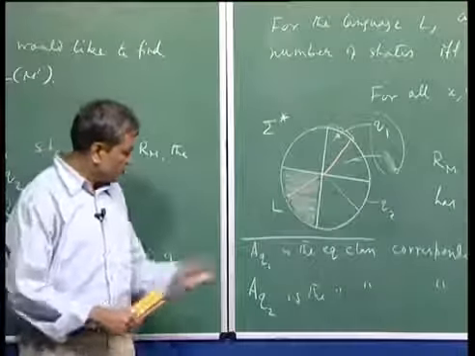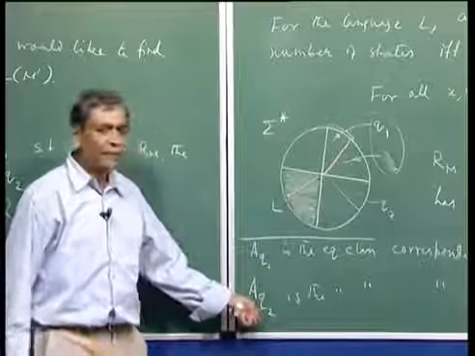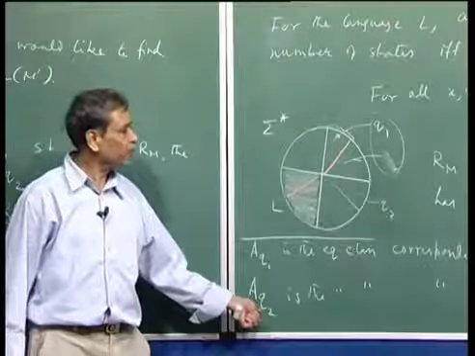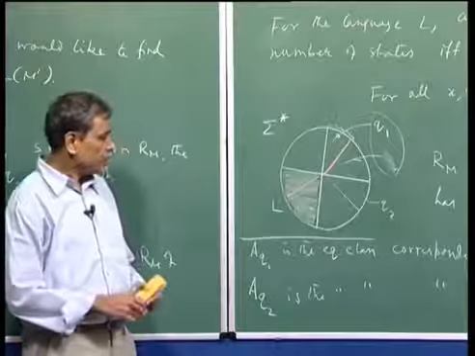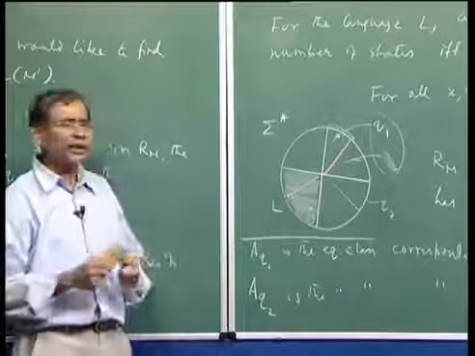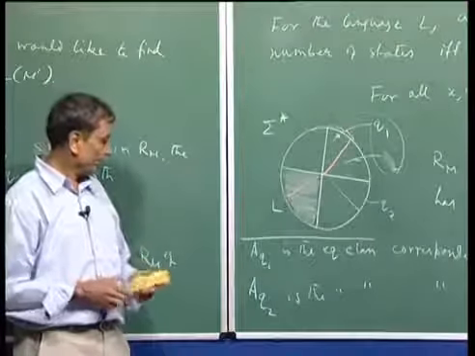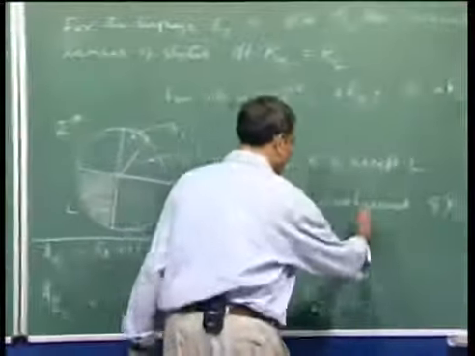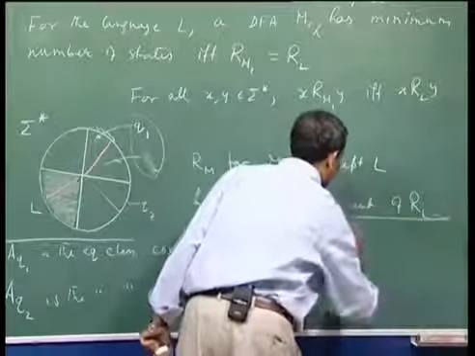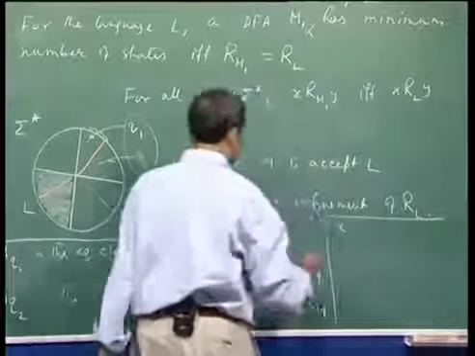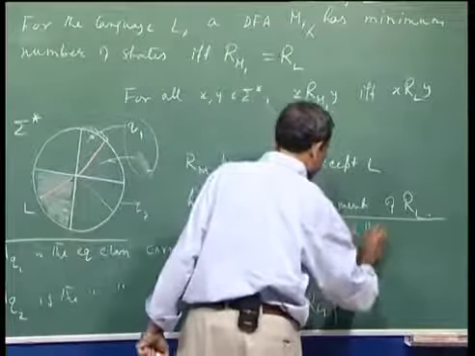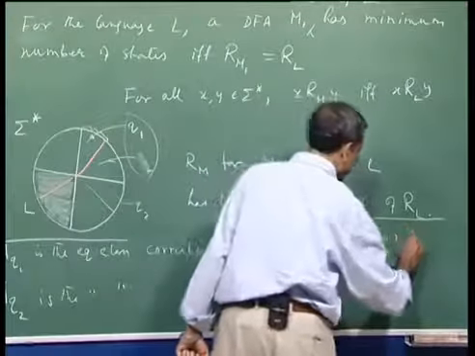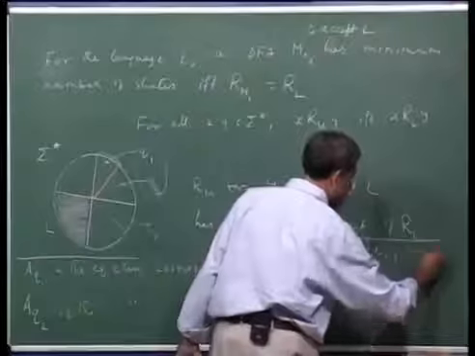Such pairs of states are easy to figure out, because they are in two different equivalence classes of RL. Suppose that x is in AQ1 and y is in AQ2.